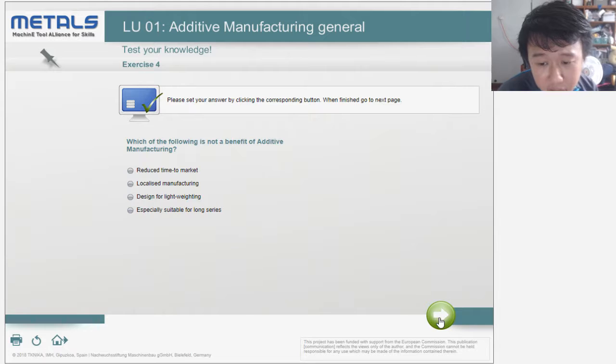Which of the following is not a benefit of additive manufacturing? So reduced time to market, it is because it helps speed up prototyping. Localized manufacturing, it is because these days if you buy a 3D printer, you can actually fabricate things in your own house.